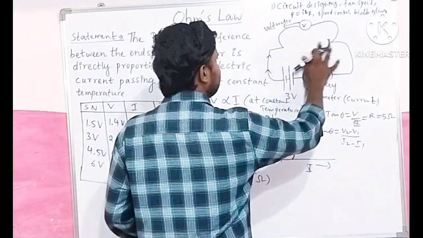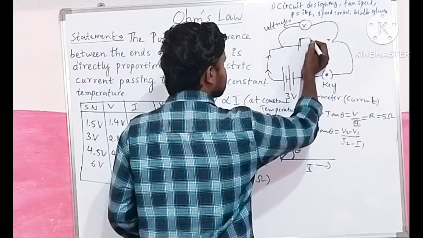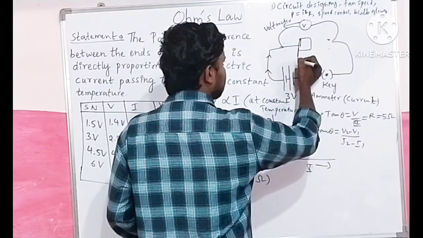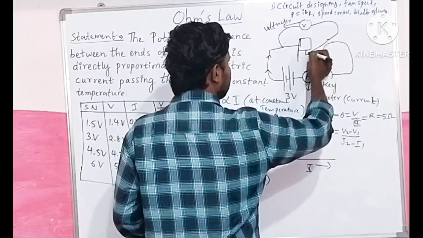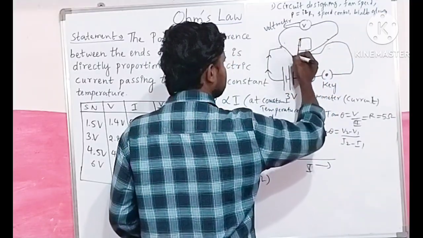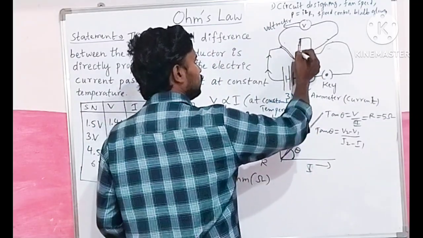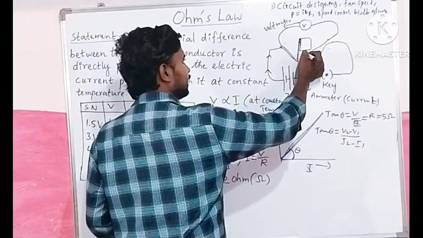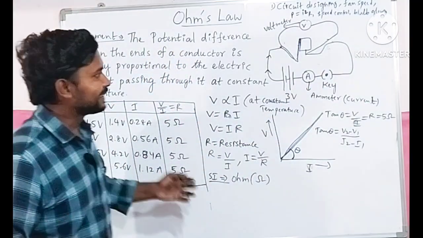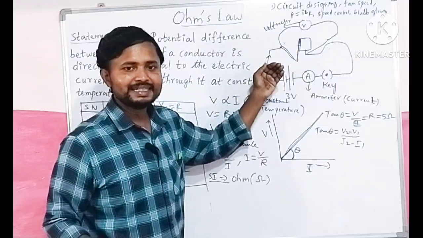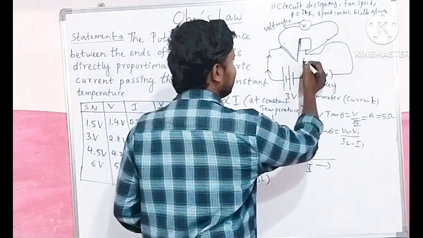When we connect the LED, the longer line of the LED is connected to the positive terminal and the smaller line is connected to the negative terminal. What will happen?